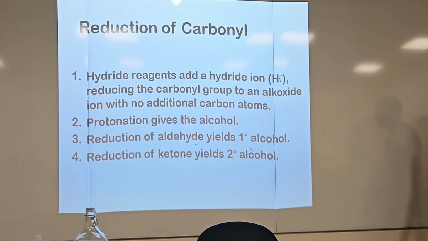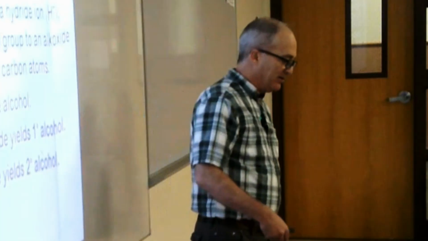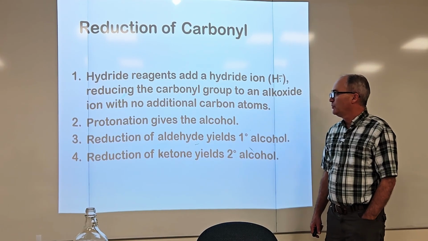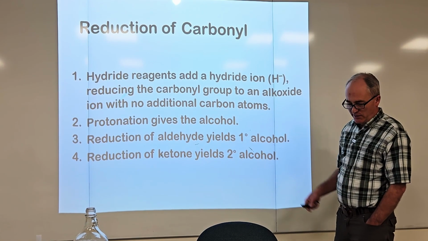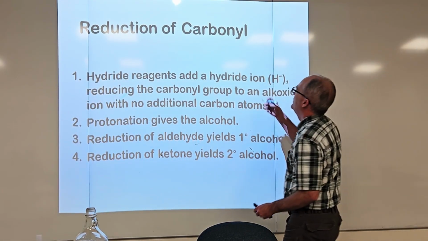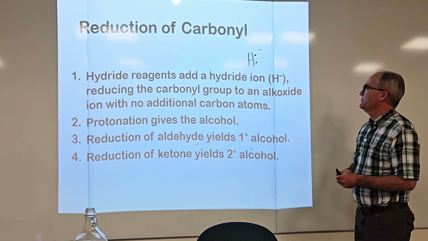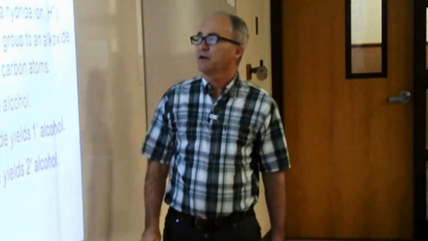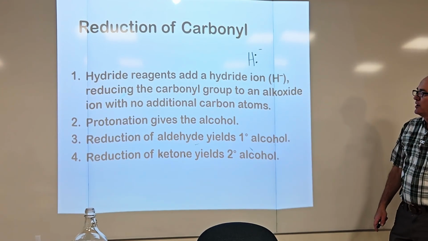So our new topic today is reduction of carbonyl carbon. We might say if you oxidize an alcohol, you get a carbonyl carbon double bonded to oxygen, sp2. So the reagent we're going to use is called hydride. You might recognize from general chemistry nomenclature and formal charge assignments that if hydrogen has 2 electrons like that, it's obeying the rule of 2, and it has a -1 charge, and we call that hydride.